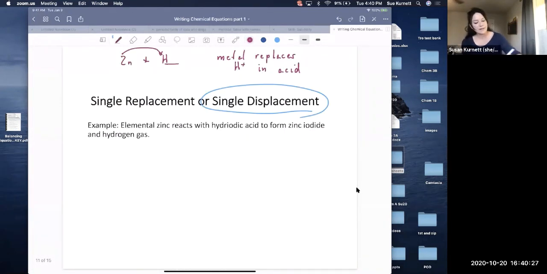Okay, so here we have elemental zinc, just means zinc. And hydriodic acid. Hydro-acids come from ides. Here's iodide. So let's add an H+, and that makes hydriodic acid.